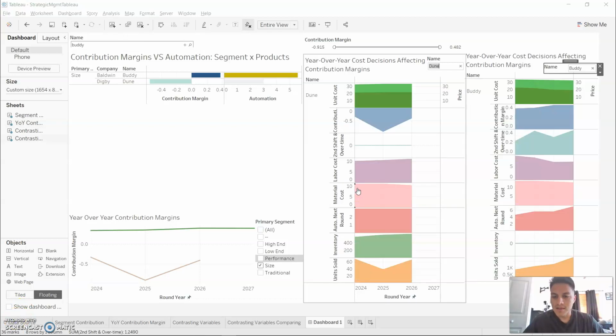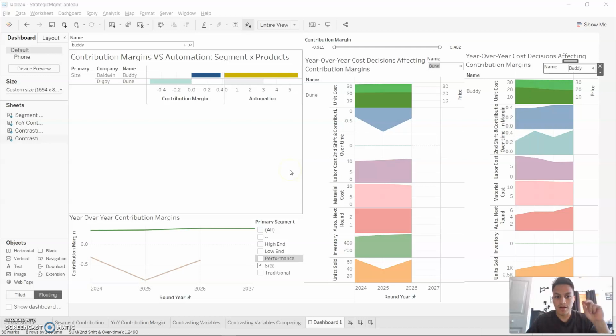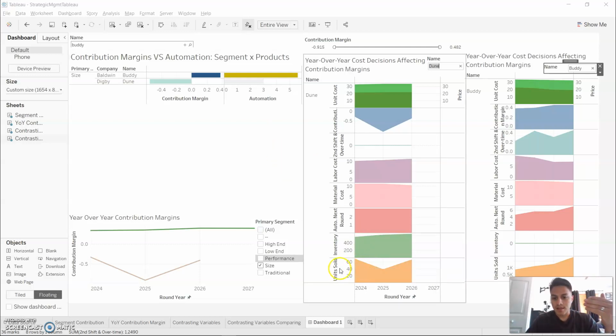But the most relevant thing here is that not only automation is playing a part in the lower contribution margin, but also other variables like the carrying cost, which is measured by the units that you sell and the inventory that you have stored in your warehouse.